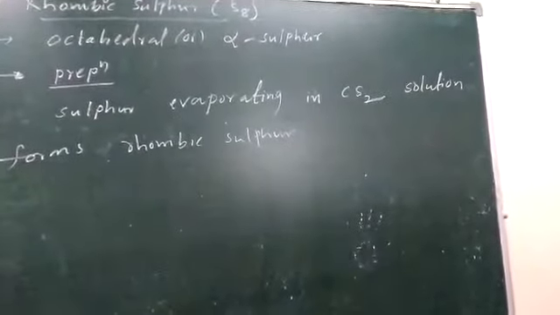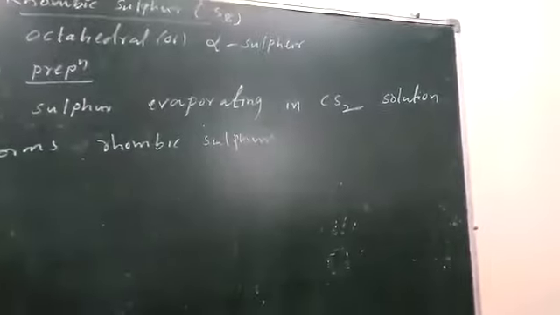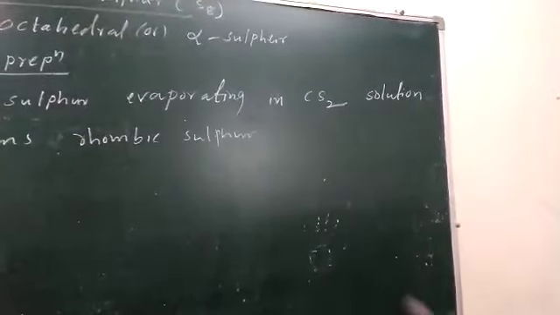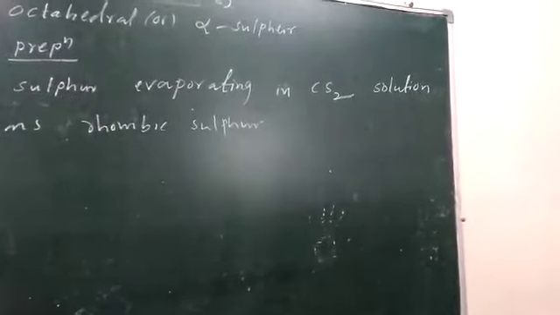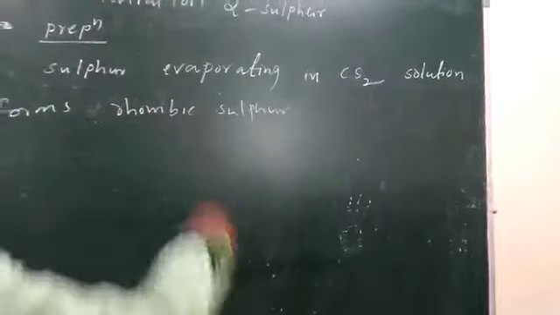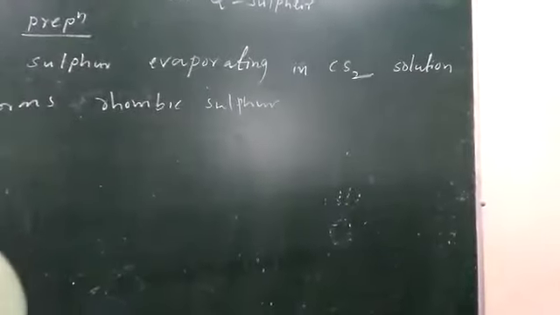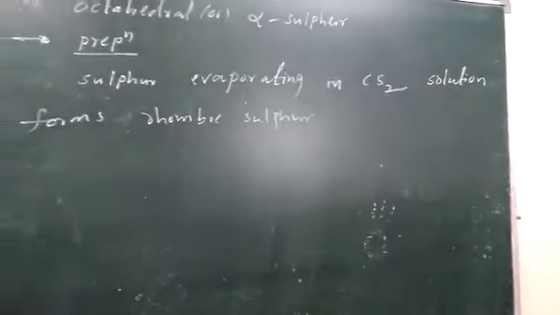In the CS2 solution, if we pass sulfur vapors into CS2 solution, we will get rhombic sulfur or alpha form of sulfur.